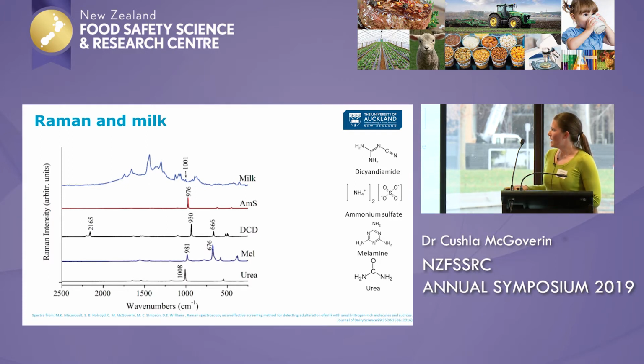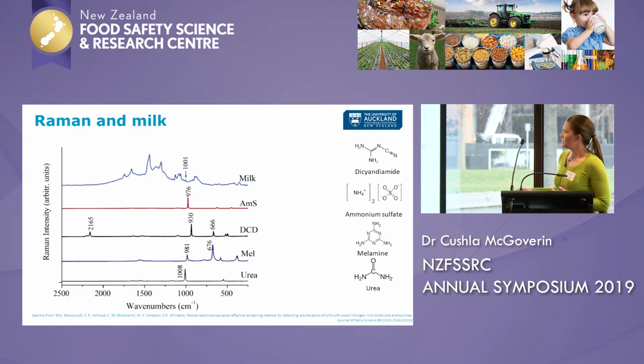Obviously, with Fonterra, there's the 2009 melamine adulteration scandal. So for a few years afterwards, they've still been looking at how do you rapidly see if there are adulterants in the milk. These are just examples of the small nitrogenous adulterants, or some of them, obviously the ones that up the protein count when you do your Kjeldahl method.